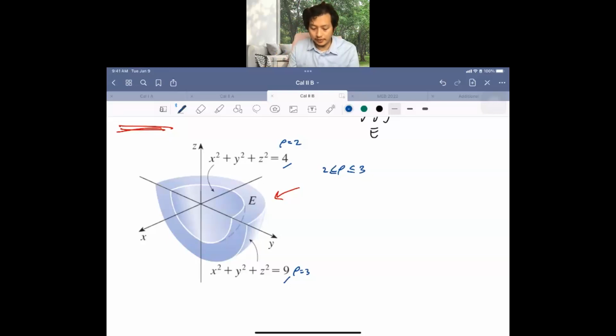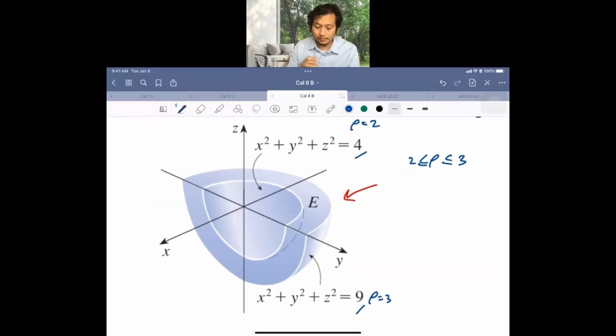Now for theta and phi, this is a little bit complicated if you are missing out on the polar. Phi will start from here. Let me write with the green color for phi. This will be phi equal 0, this is phi equal pi over 2, and this one is phi equal pi.